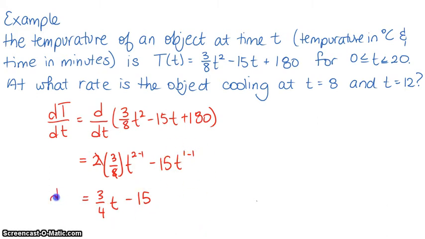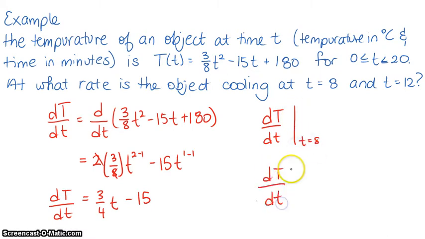So now I have dT/dt, and we need to evaluate this for 2 different values. We want to evaluate it for when t is equal to 8, and we want to evaluate it when t is equal to 12. So we will take this one here and plug in 8 wherever we see a t, and we'll take this one here and plug in a 12 wherever we see a t.